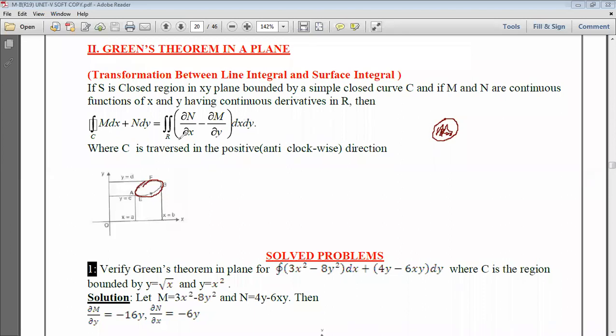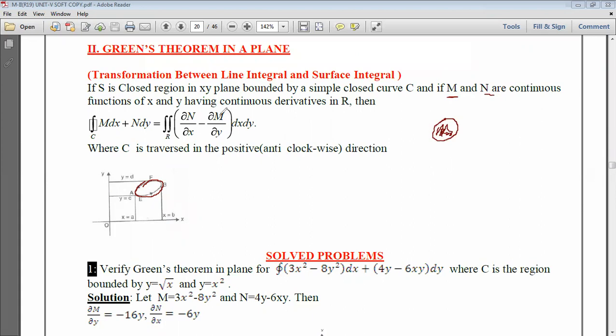Bounded by some curve. And next, we are taking two continuous functions. What are those? M and N. So M and N are continuous functions of x and y having continuous derivatives in the region. Continuous derivatives, in the sense that after finding the derivatives, the resulting functions must be continuous.